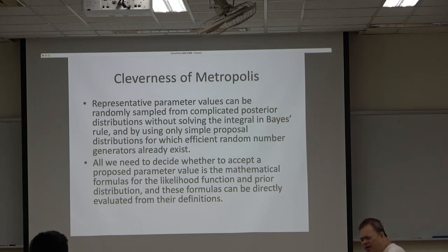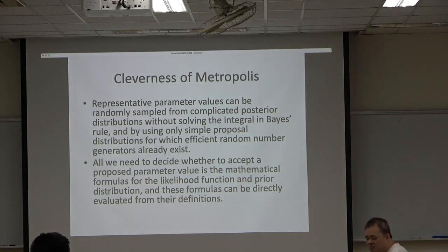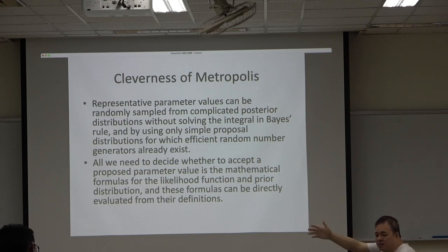So why is sampling more effective than the grid approach? With the grid approach, we just find the value at the grid points, and then you approximate the posterior by finding those values, and the integral becomes adding all those values and using that as the denominator.